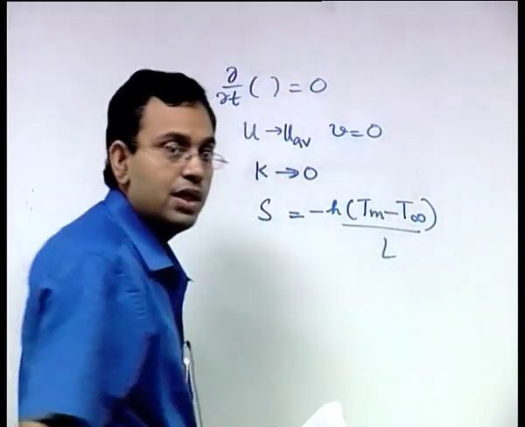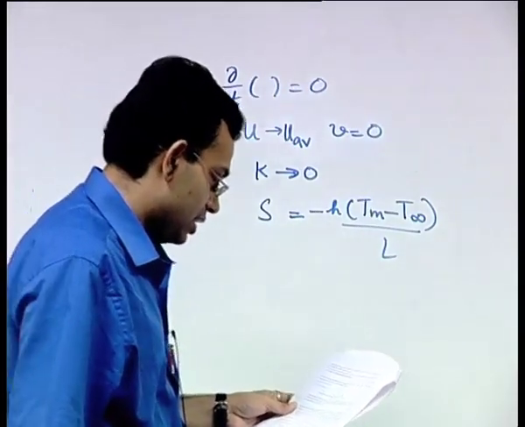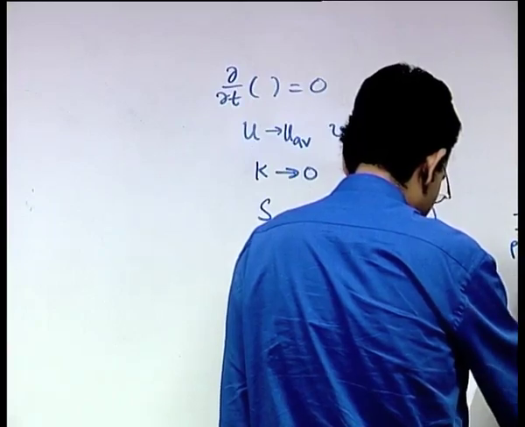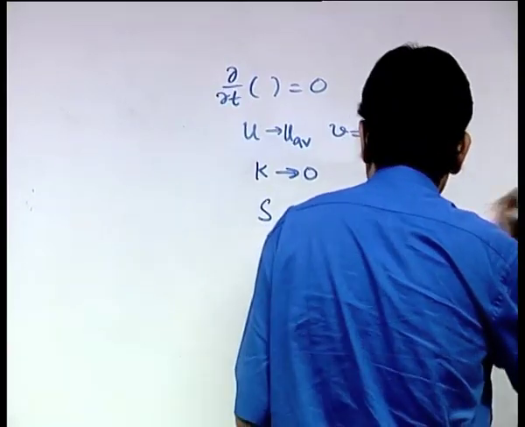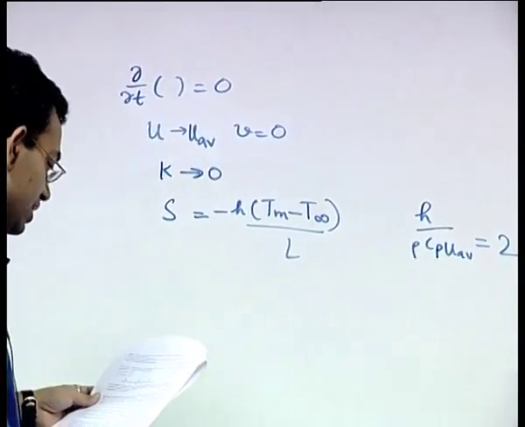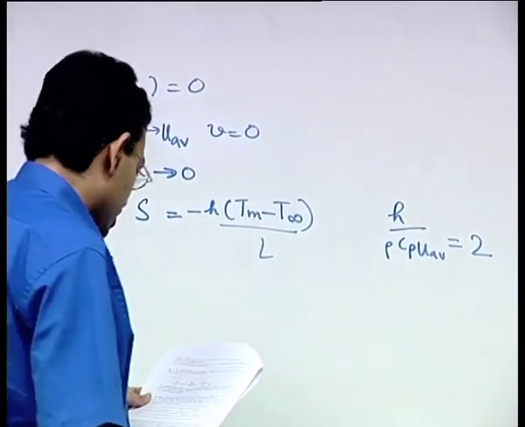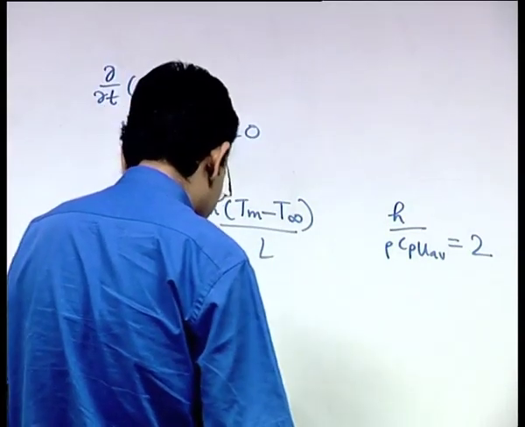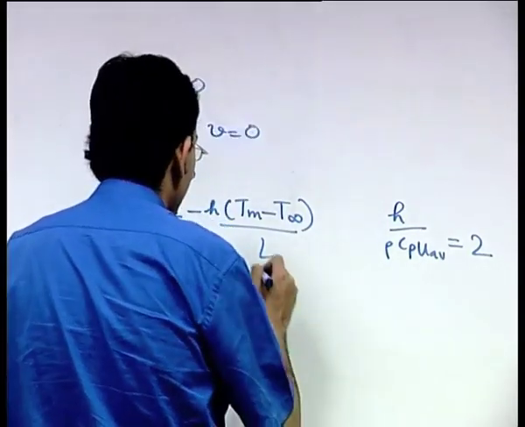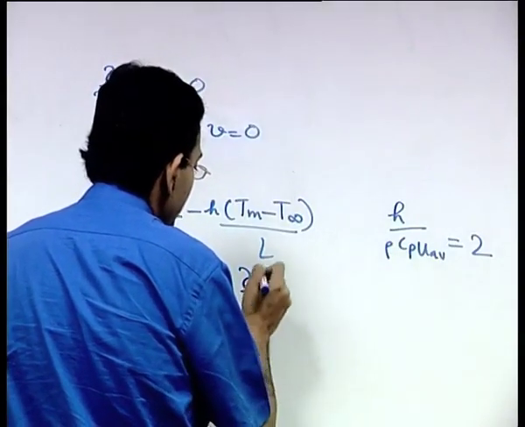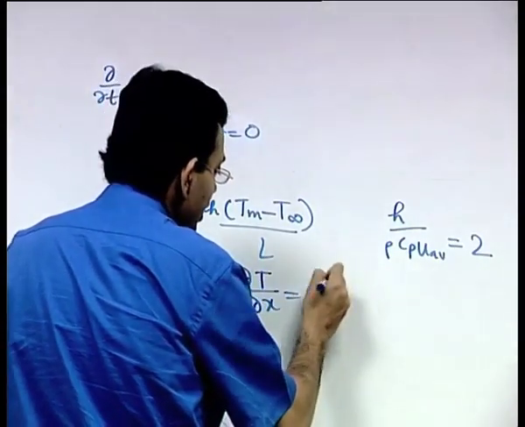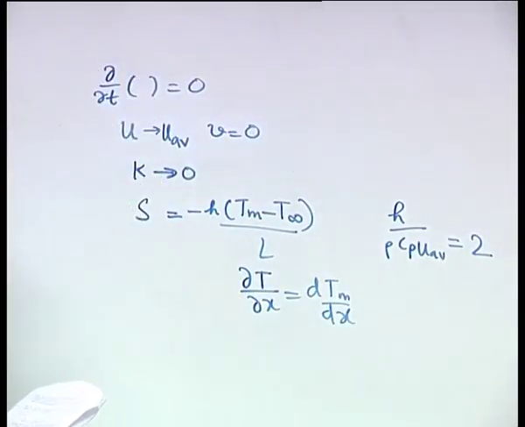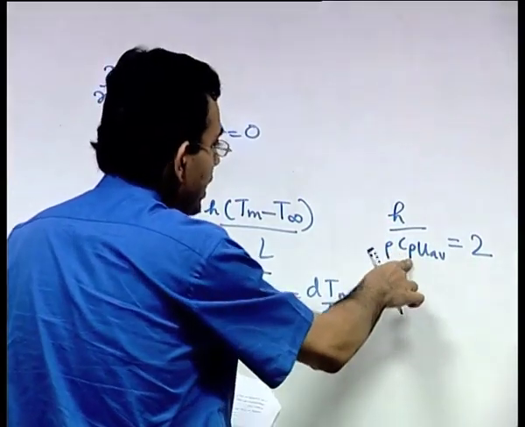This Tm is the bulk mean temperature of flow, and it is also given that H by rho Cp U average is equal to 2, where H is the heat transfer coefficient and L is the channel length and T infinity is the ambient temperature. And for solving this problem you can assume that del T del x is equal to dTm dx. Here rho is density and Cp is specific heat.